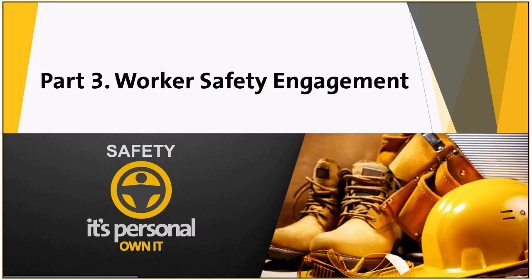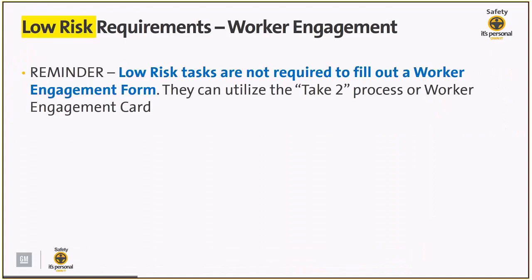So let's talk about part 3, worker safety engagement. Just a reminder here, when it comes to low risk, let's look at these requirements. You know the update that's coming up or that has happened with safety contract management. Based on that, we're reminding everybody that low risk tasks are not required to fill out a worker engagement form.